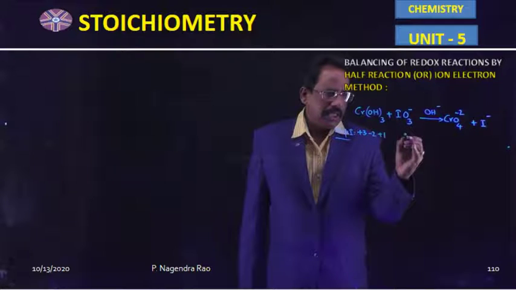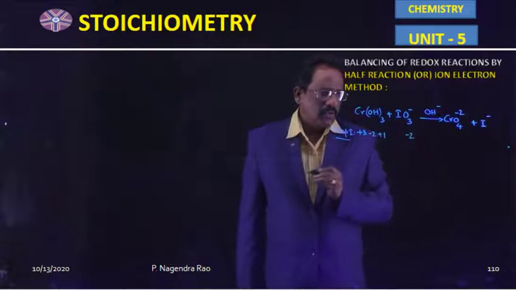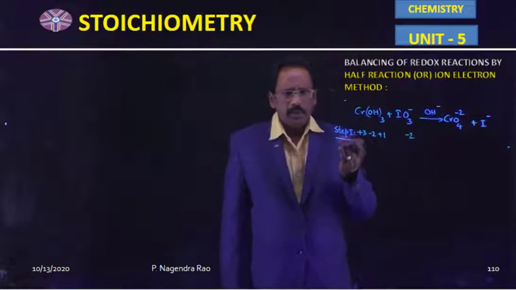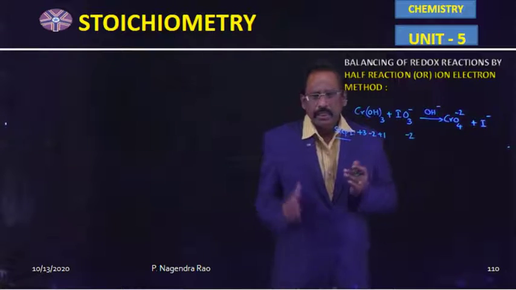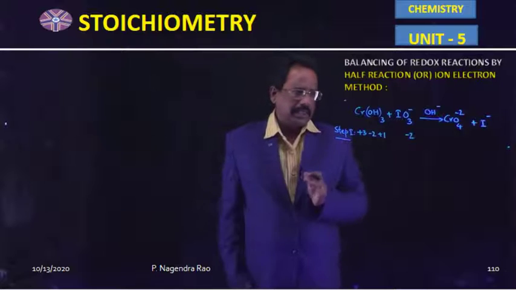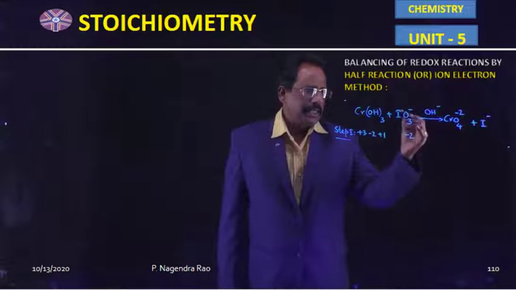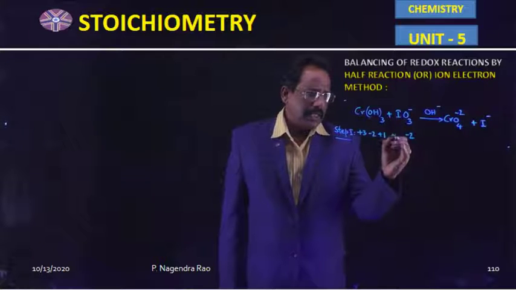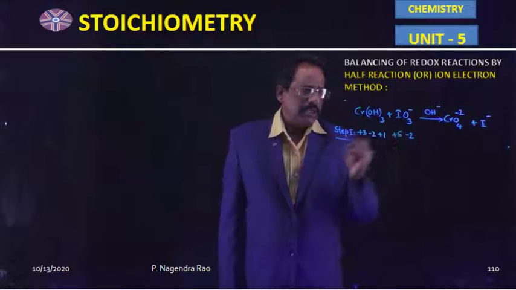Similarly, in IO3⁻, O oxidation state is fixed. From compound to compound, iodine oxidation state varies. That's why x minus 6 is equal to -1 and x is equal to +5.